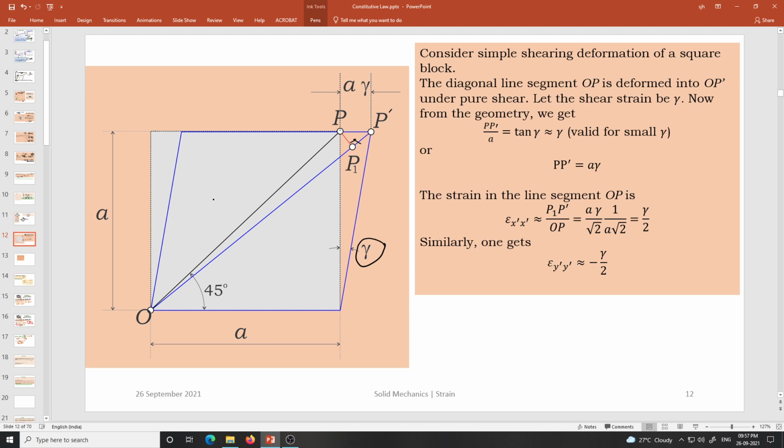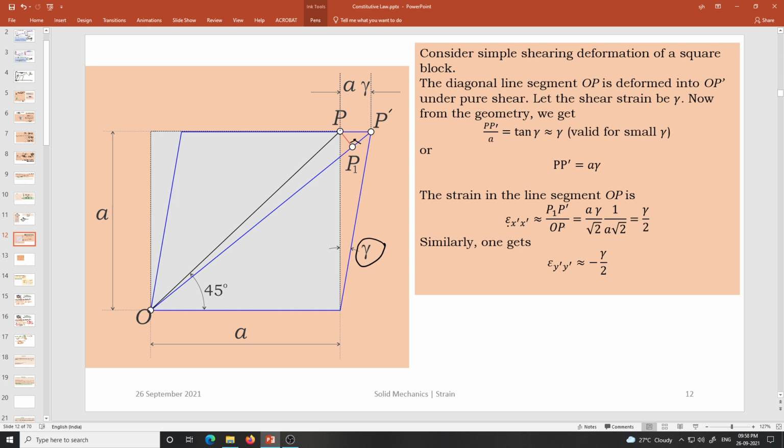We know the side length, so this length is A times gamma. If A times gamma is known, and this angle is 45 degrees, then P1P would be A times gamma over square root of 2. And the initial length is A times square root of 2.